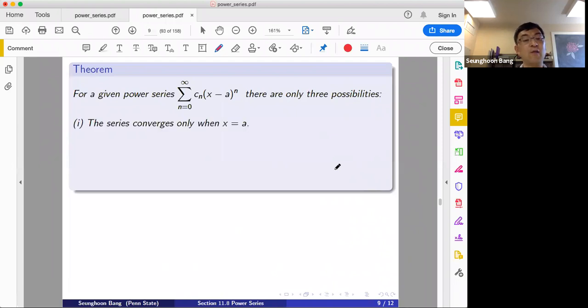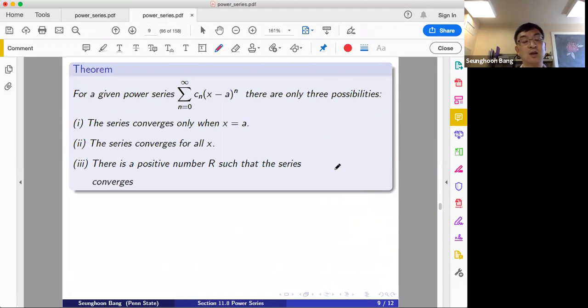The series converges only when x equals a. The series converges for all x. Third, there is a positive number r such that the series converges if the absolute value of x minus a is less than r and diverges if the absolute value of x minus a is greater than r. Usually we can use the ratio test or root test.